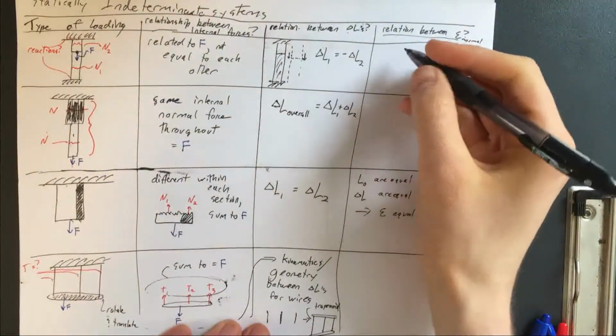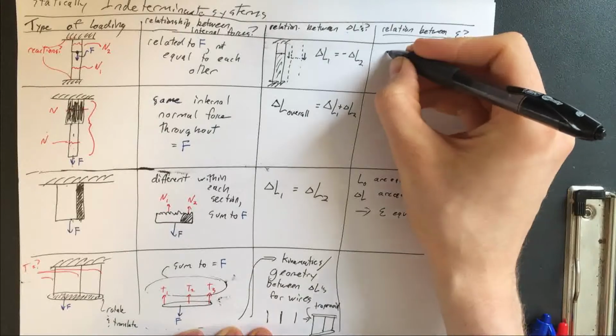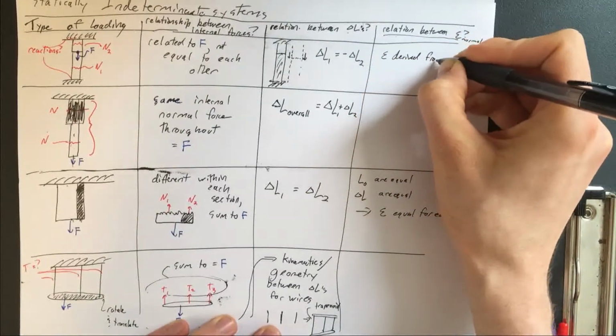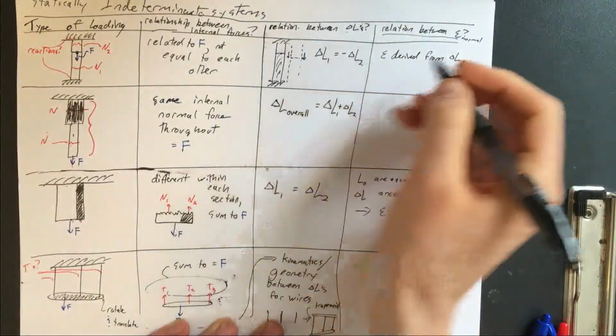For something like this, the changes in length are equal. So the strain is derived from the changes in length. So it's related to these changes in length.